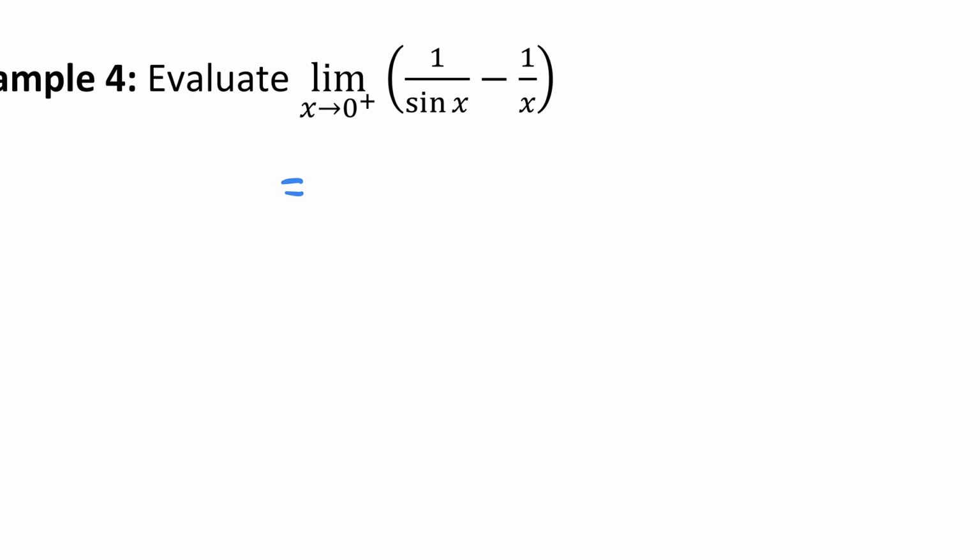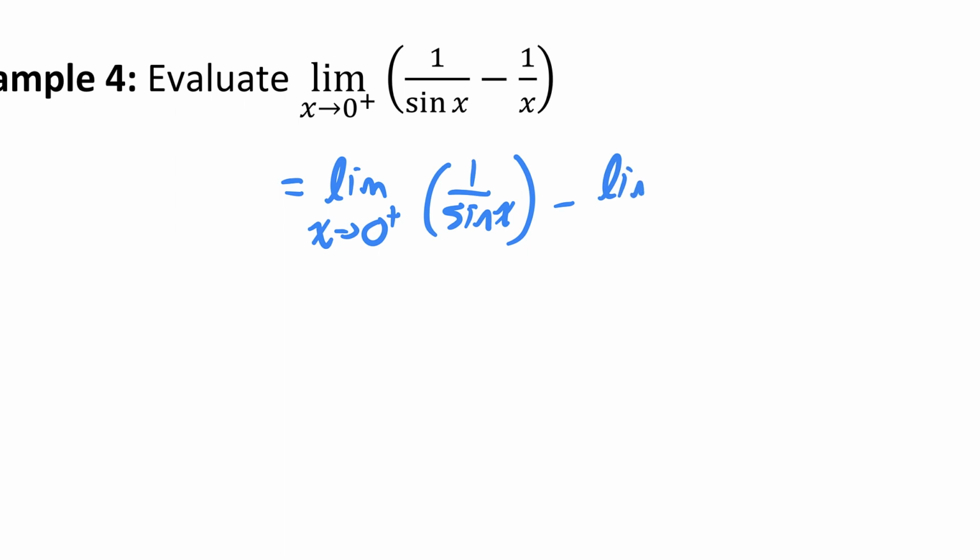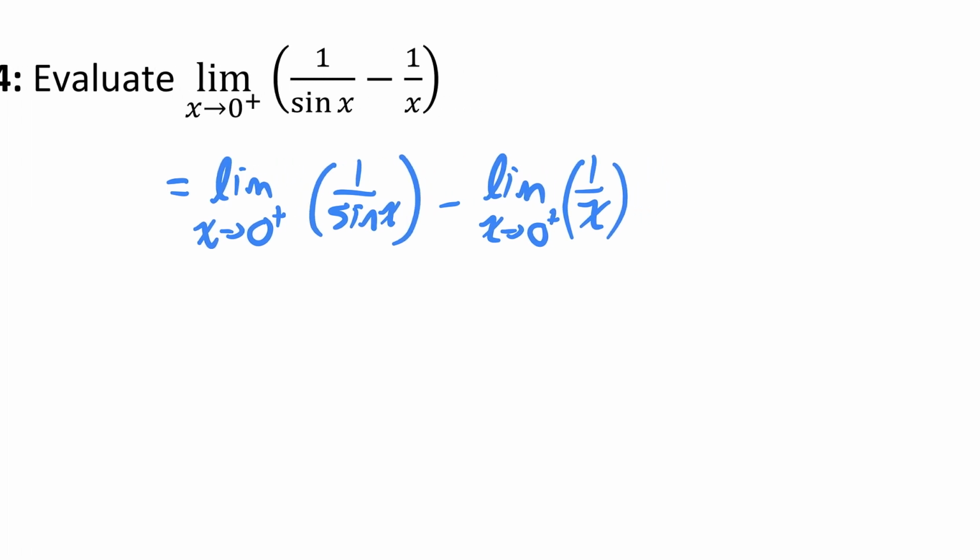For these types of questions, I like to look at the limit as x approaches 0 from the right of each of the functions separately. So 1 over sine x minus the limit as x approaches 0 from the right of 1 over x. And we could do this with test values, or since these are easy graphs to understand, let's just look at the graphs of these. So first of all, the graph of sine x.